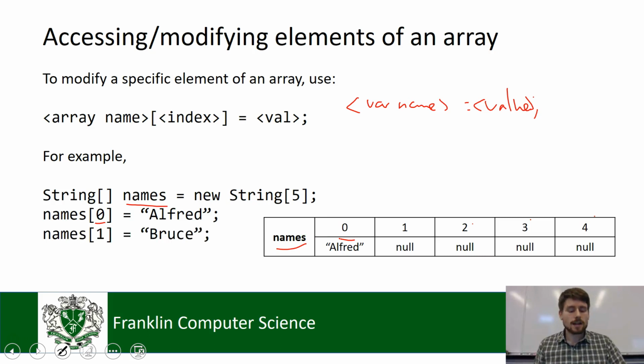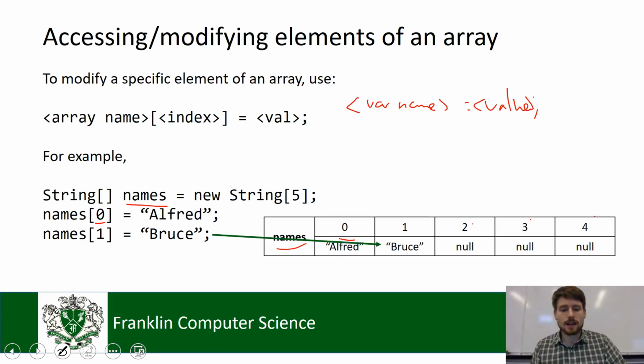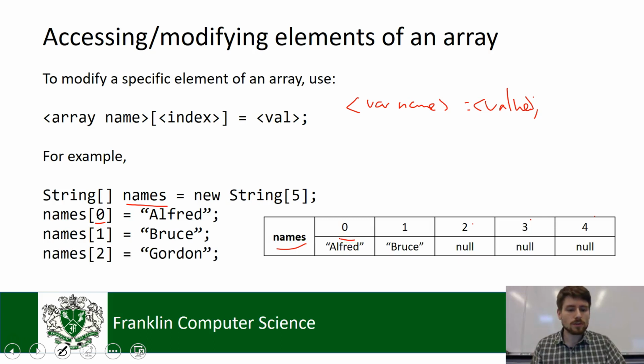If I now say names[1] equals Bruce, that changes the second box, so Bruce is stored in index 1. If I say names[2] equals Gordon, that changes position 2, the third box, to Gordon. This would be my array now.